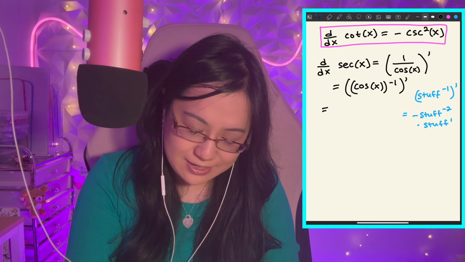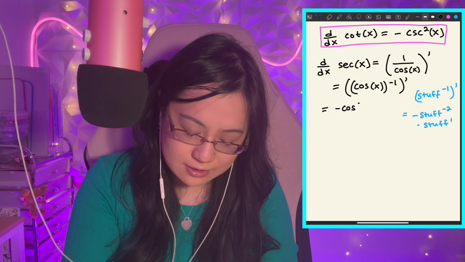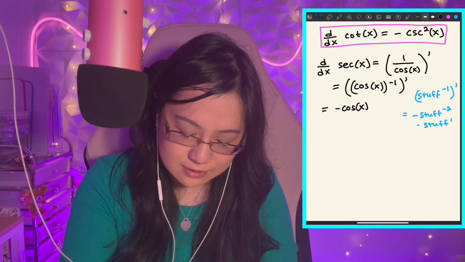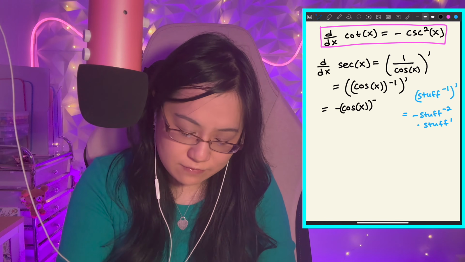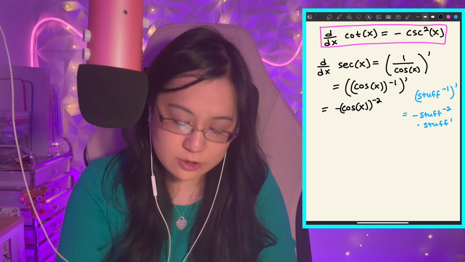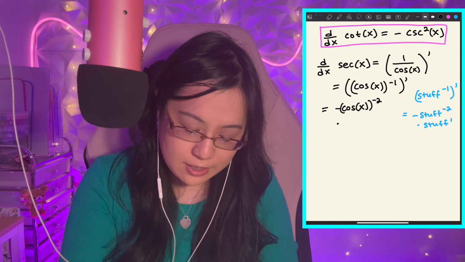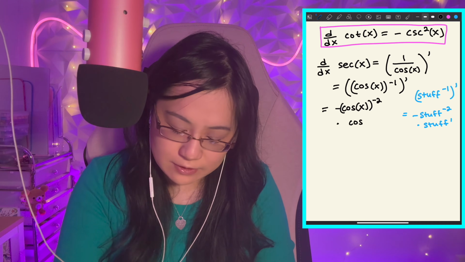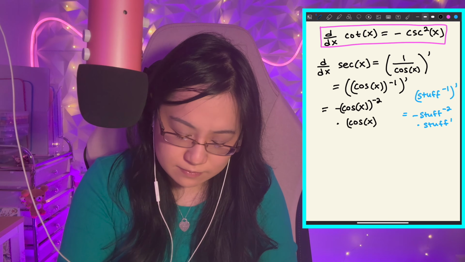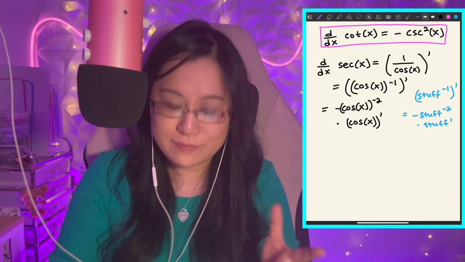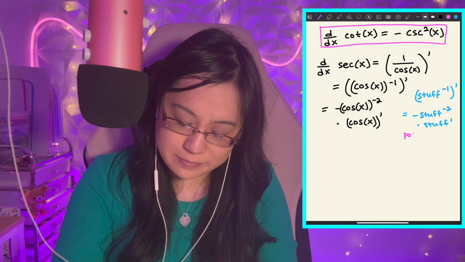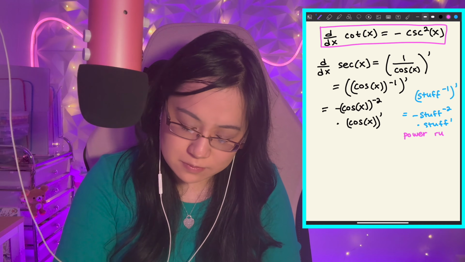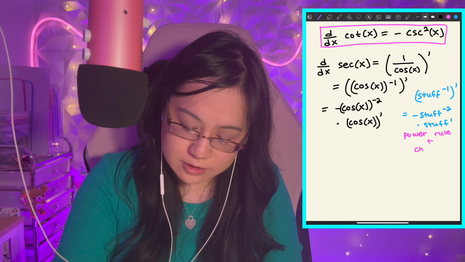So, negative cosine of x to the -2, which is just 1 over cosine squared, times the derivative of cosine. So, okay, I should write this a little bit nicer. So this is basically the power rule and the chain rule.